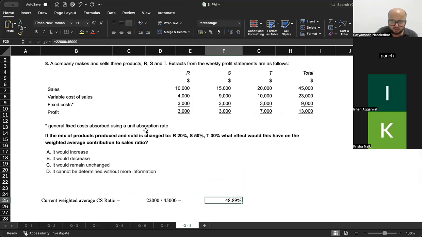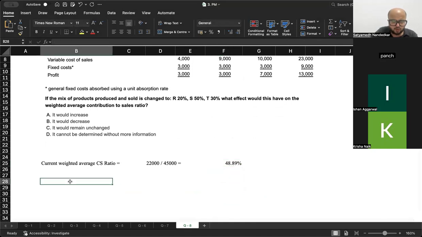Now, total units sold are, see, this is 10, 15, 20. This is total 45,000. If the mix of products produced and sold is changed to 20, 50, 30, what effect would this have on the weighted average contribution? After this change, how would this appear?